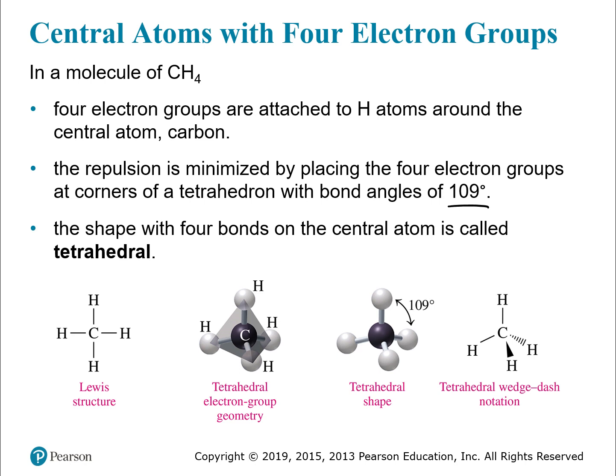But it looks like a pyramid. So anytime you see that, the 4 electron groups where all four of them are bonded pairs, you're going to make that pyramid.